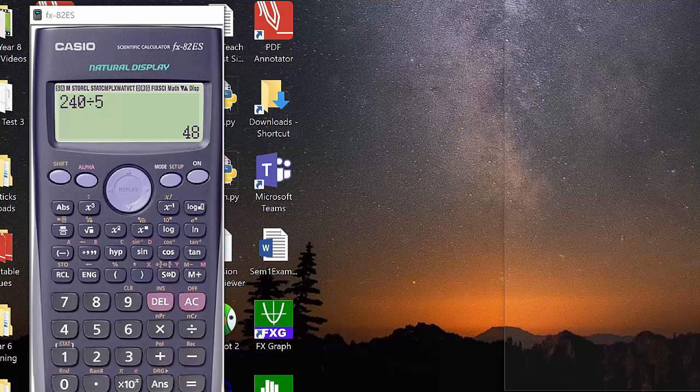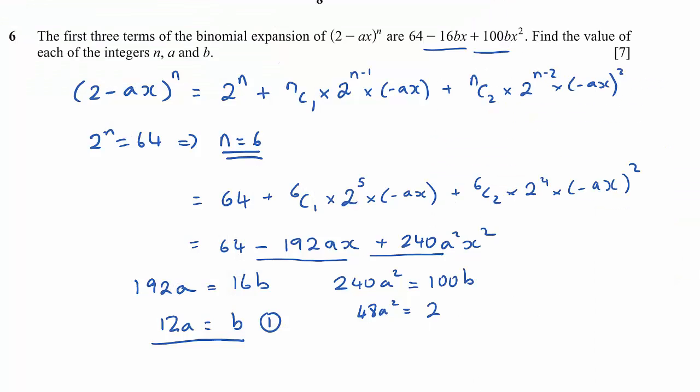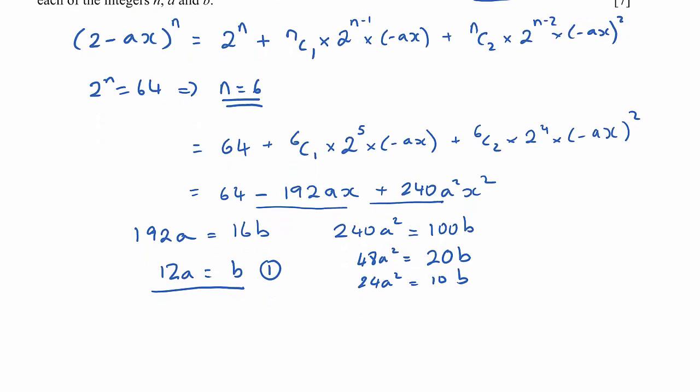So that would be 20b. And we could cancel those down further. So 24a squared equals 10b. And 12a squared would be 5b. Let's call that one 2.